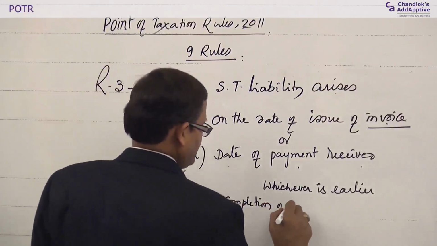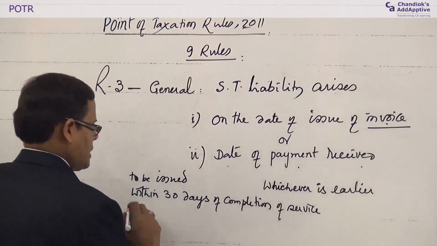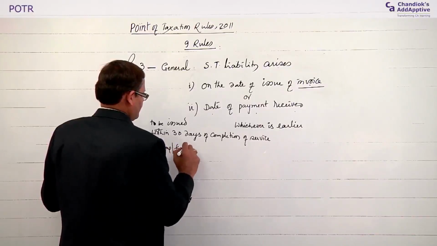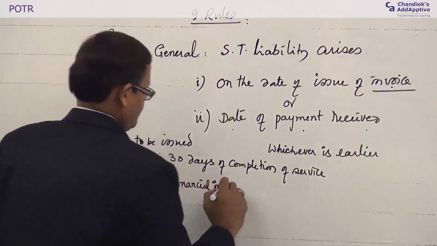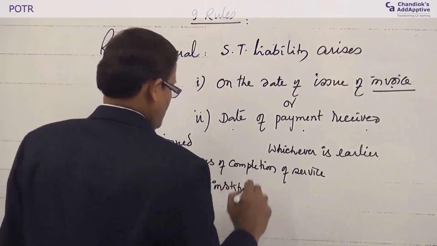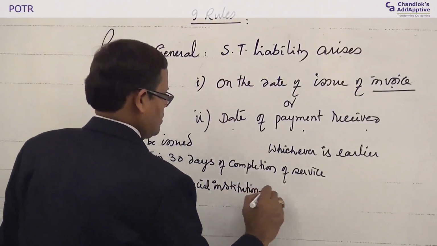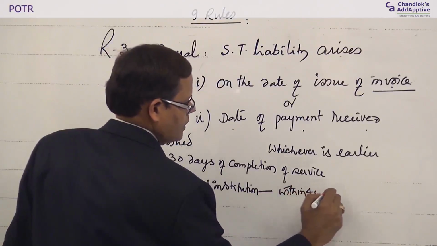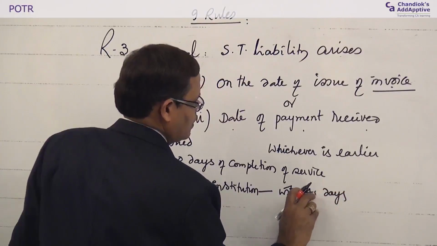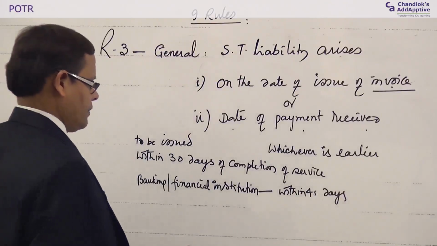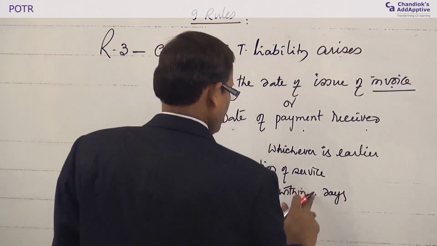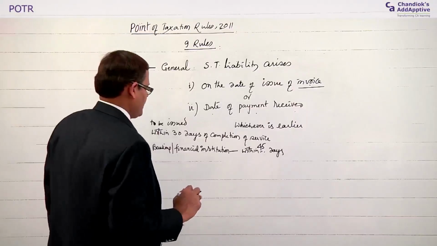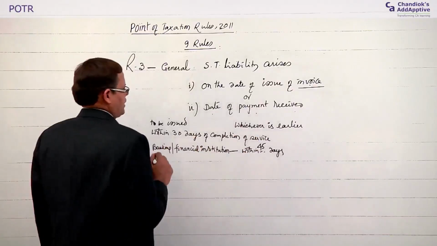In case of a banking or financial institution, it is to be issued within 45 days of completion of service. So this is the requirement.